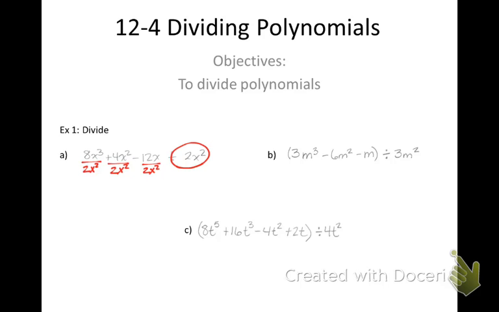All right, so you put the monomial underneath, and then you reduce each one of them. So 8 and 2 can be reduced to what? 4. And x cubed and x squared. X squared is the smallest, so I can turn that to just x.